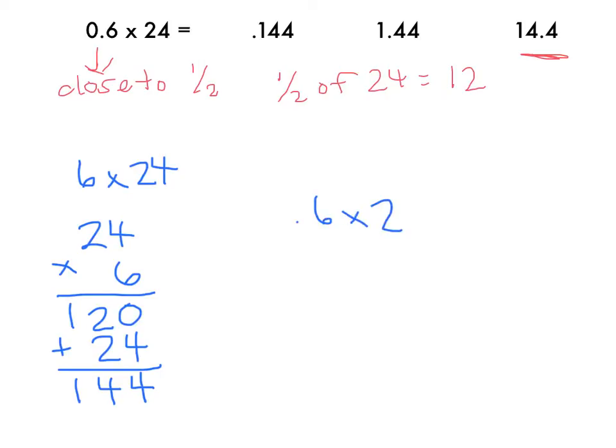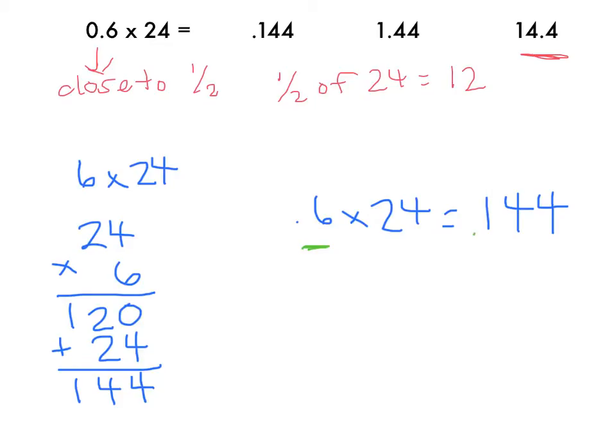Now, in the original problem, the problem was 6/10 times 24. So 144 doesn't really make sense because this number, 6/10, is less than a whole. So even if that was 1, I still would have 1 times 24, which is 24. So I need to reason where should the decimal point go.